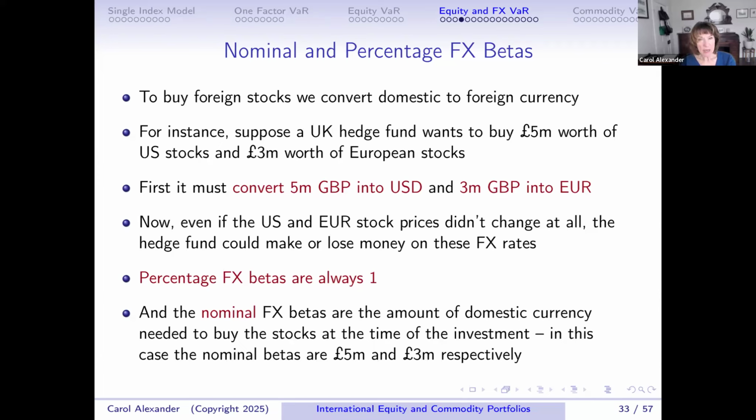And the hedge fund could make or lose money on these FX rates. So the percentage betas are always 1, and the nominal betas are the amount of your domestic currency needed to buy the stocks at the time that you make the investment. So the nominal betas would be 5 million and 3 million respectively.